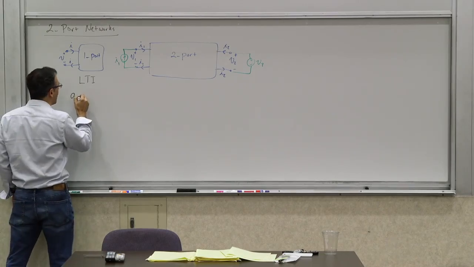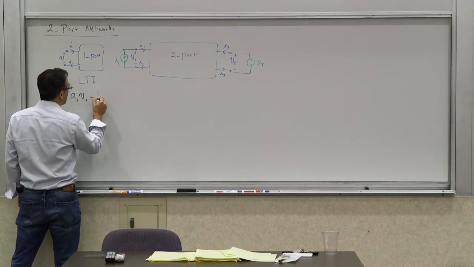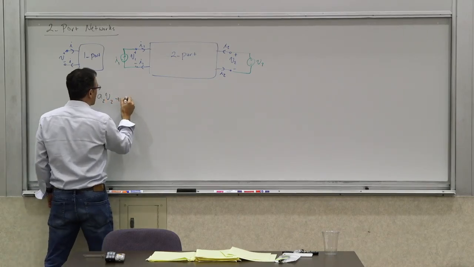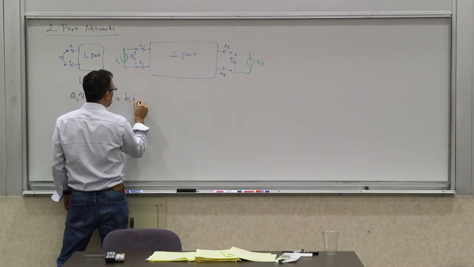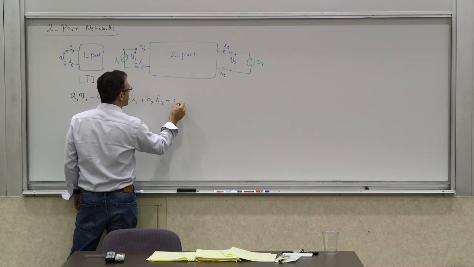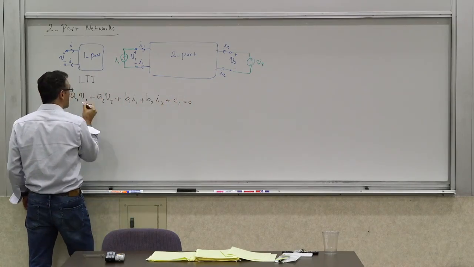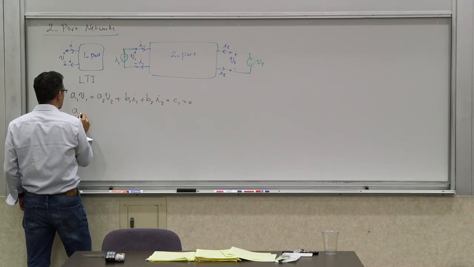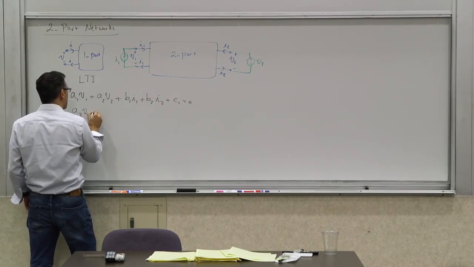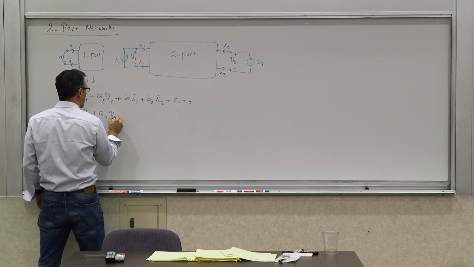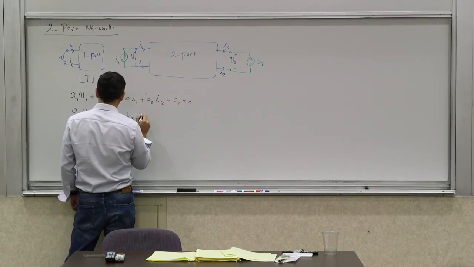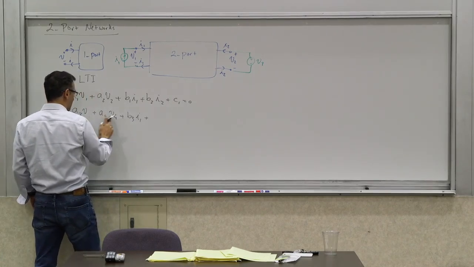In the most general case, you have A1 V1 plus A2 V2 plus B1 I1 plus B2 I2 plus some constant C1 equals 0. There will be two sets of equations describing these, so there will be another one: A3 V3 plus A4 V4 plus B3 I1 and of course I2.